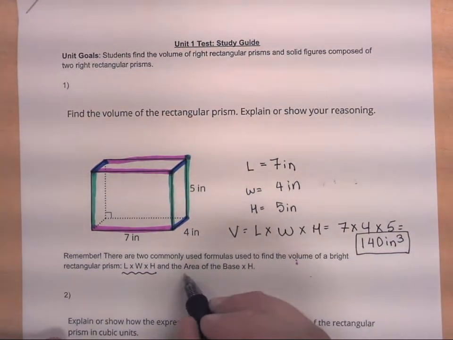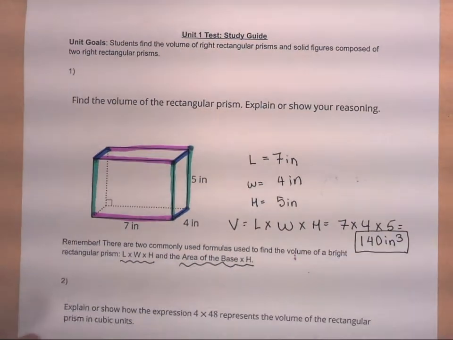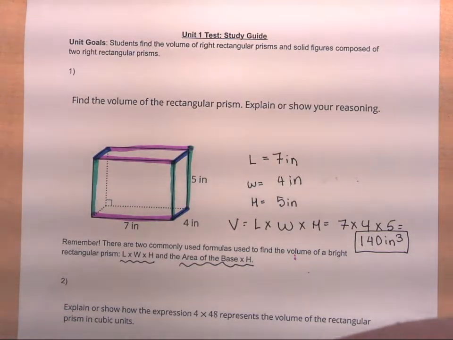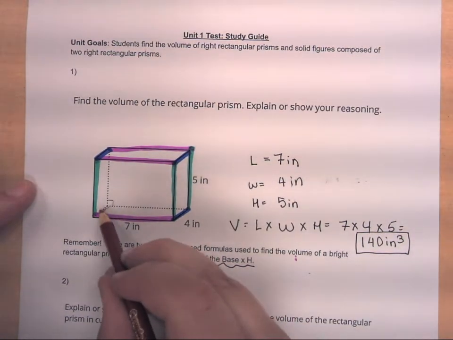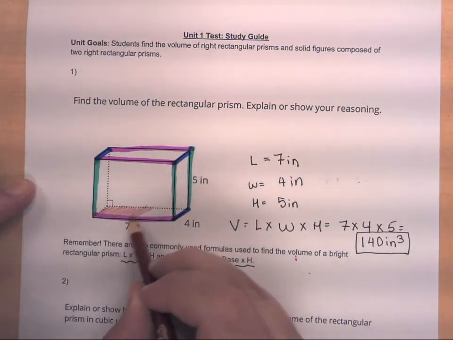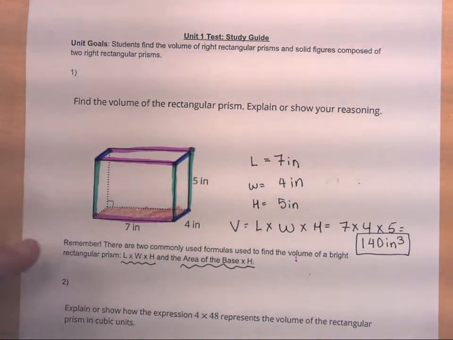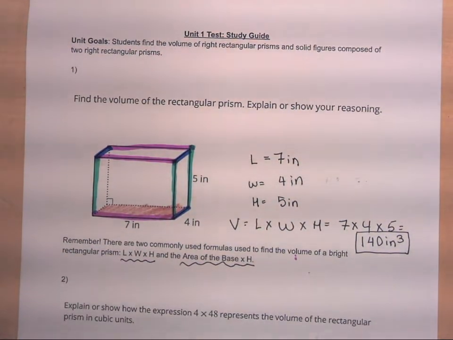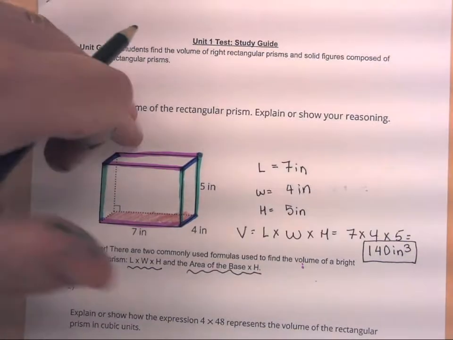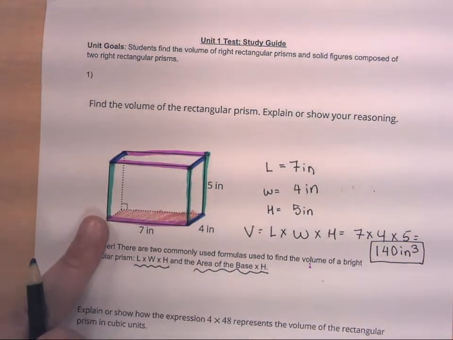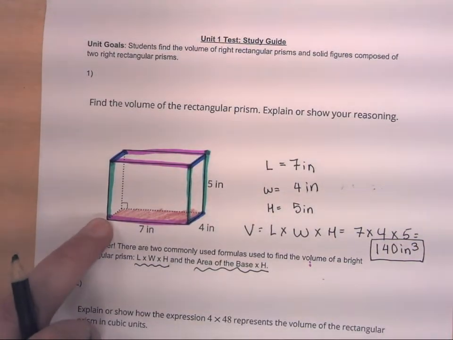Now, the other formula here that is usually not used quite as often is the area of the base multiplied by the height. Now the base is this face here of the prism that the prism is resting on. So you can kind of think of this as the surface of the base that's making contact with whatever it's sitting on.